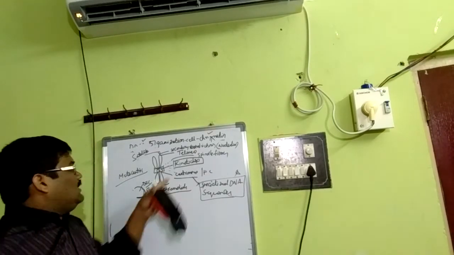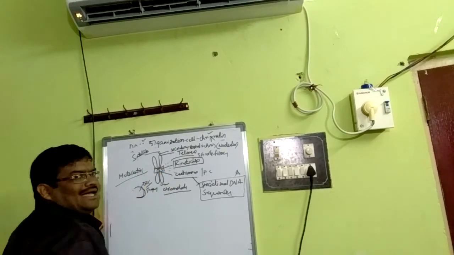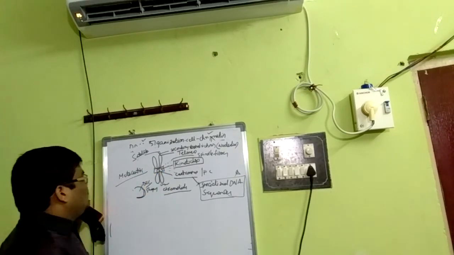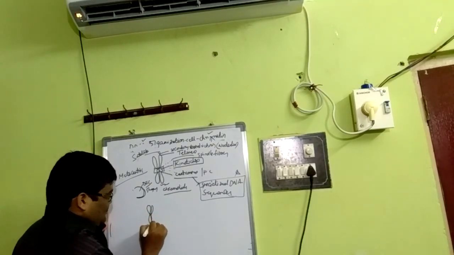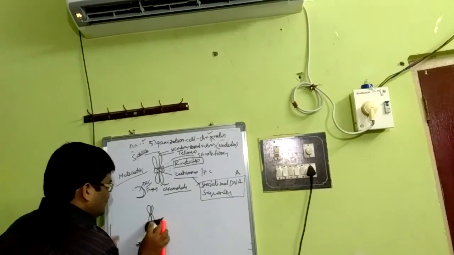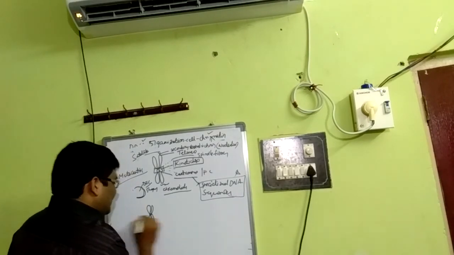Okay. And then depending on the structure, in the metacentric the centromere is exactly in the middle, whereas in the submetacentric it is somewhat away from the middle, so that one arm looks somewhat longer than the other.